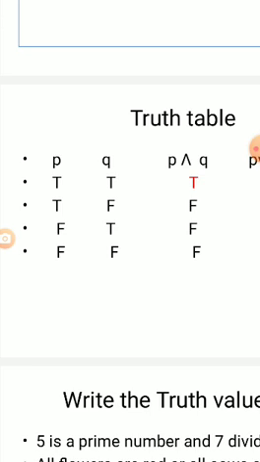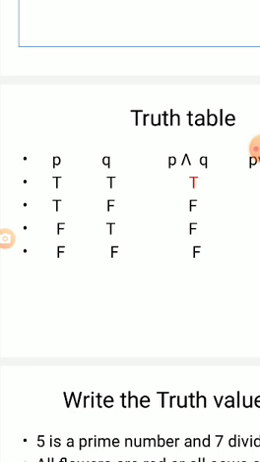And hence, in that case, when there are three simple sentences connected by and or or, we will have 8 rows. So, how do we write the values?